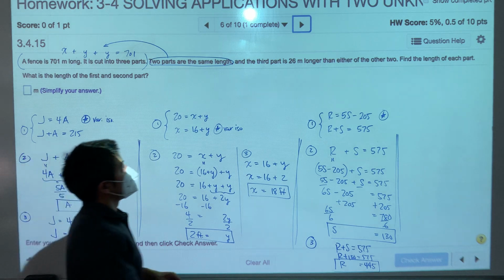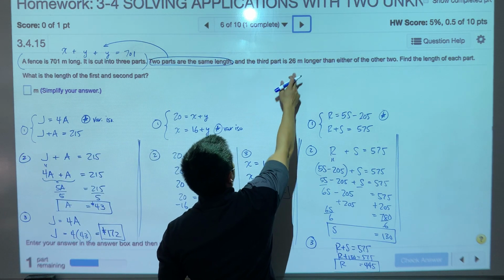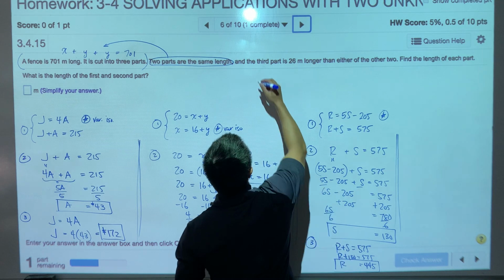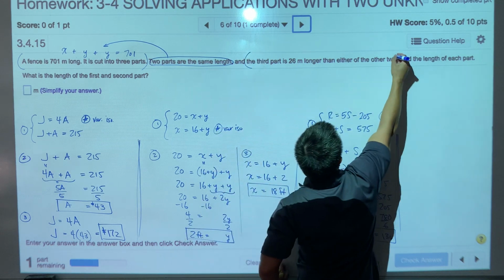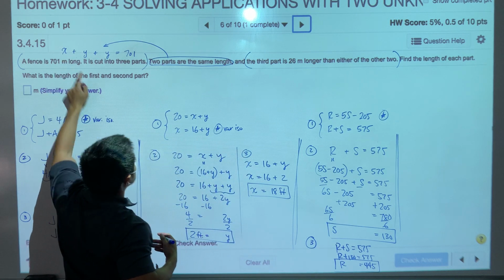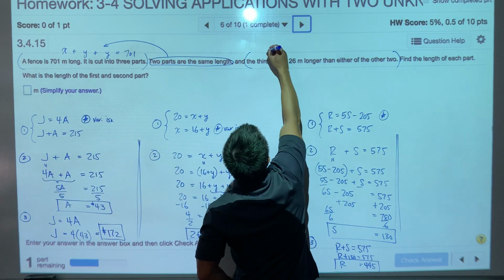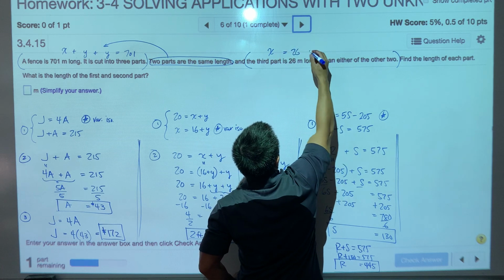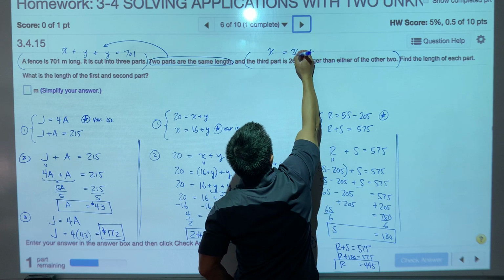Okay. The third part is 26 meters longer than either of the other 2. The third part, what's the third part? This is 26 meters longer. That means plus.